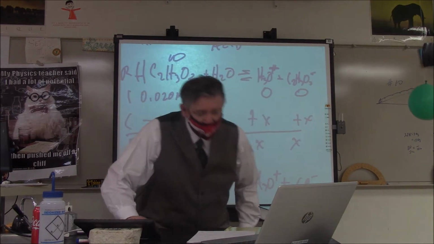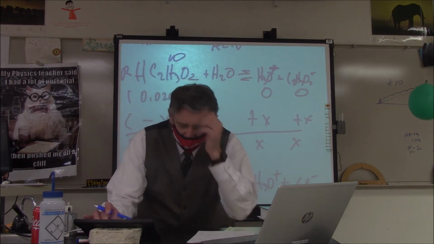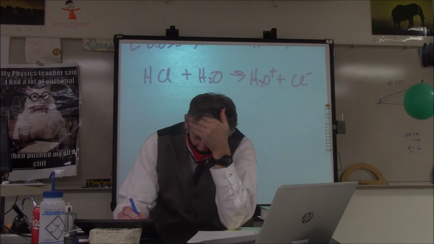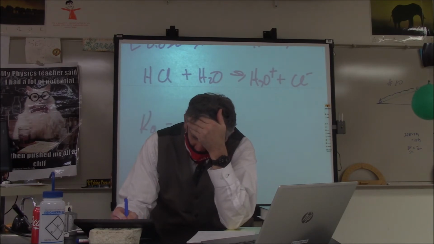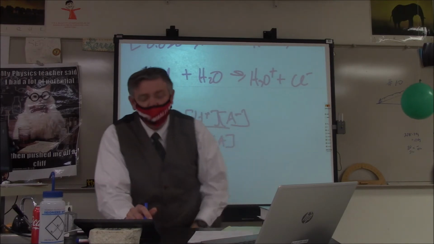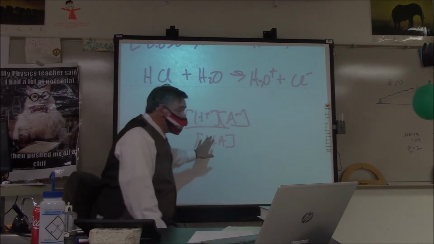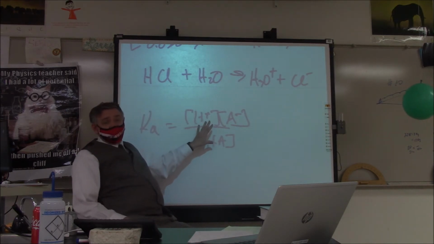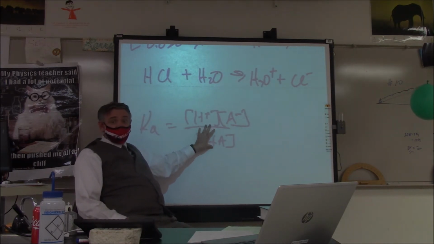Now, on your equation sheet, you have this Ka equals hydronium ions times your anion concentration divided by HA. This is subtle, but this is the whole key to understanding this concept, is this equation right here.